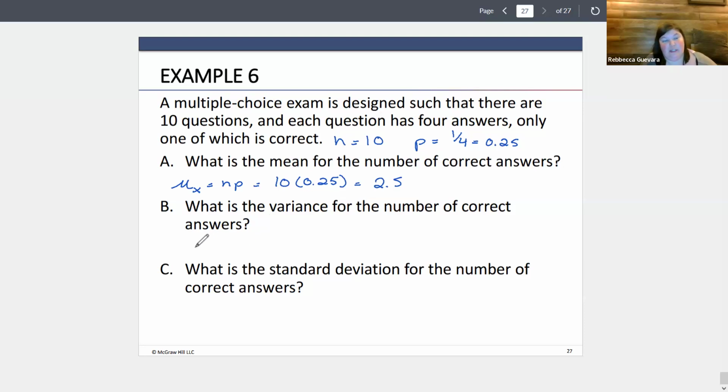What is the variance? So variance was the trials times the probability of success times the probability of a fail. This is 10 times 0.25 times 1 minus 0.25, or you could have said 10 times 0.25 times 0.75.